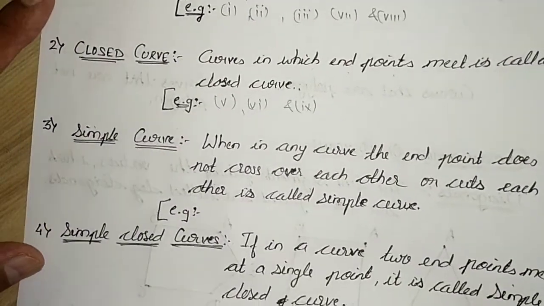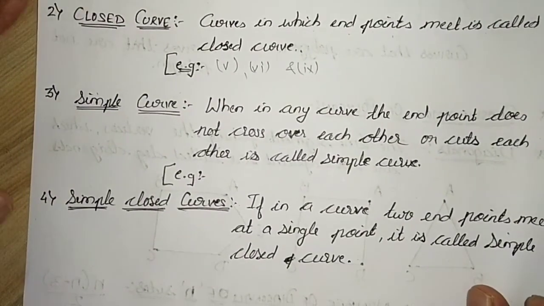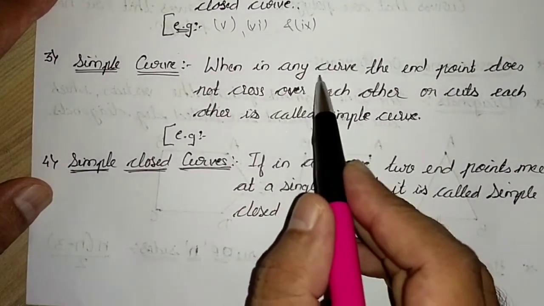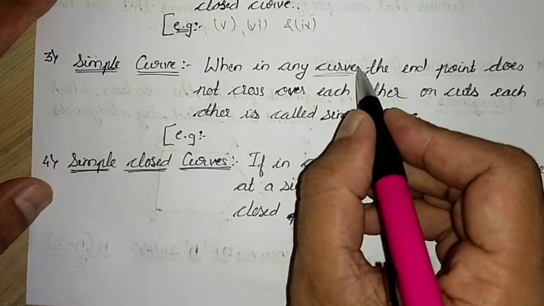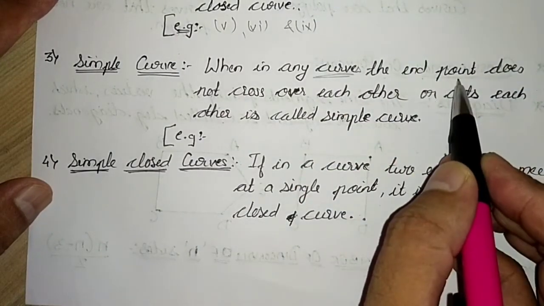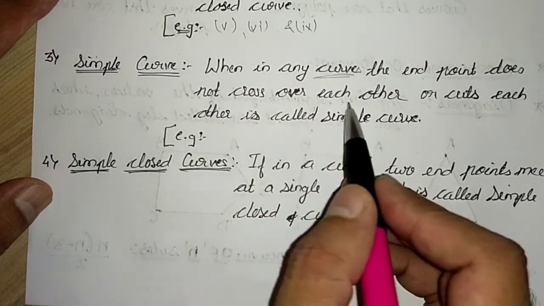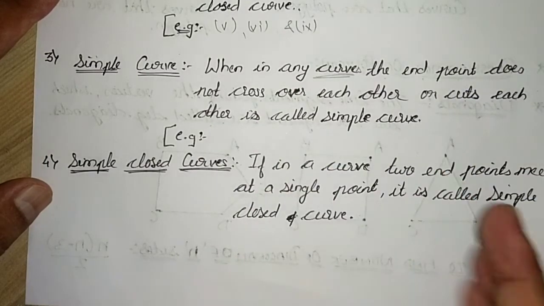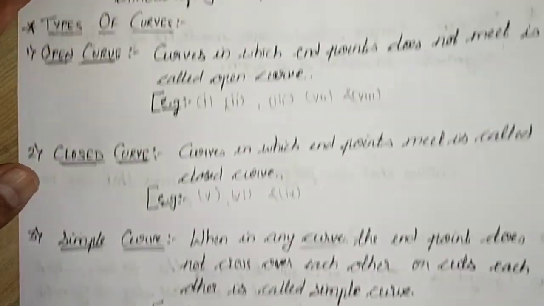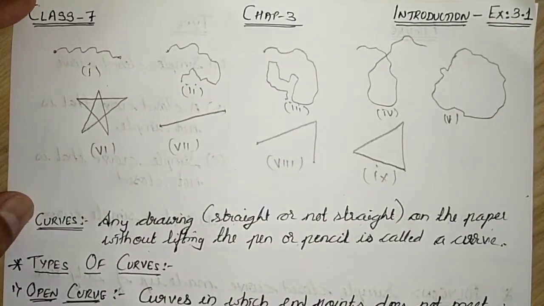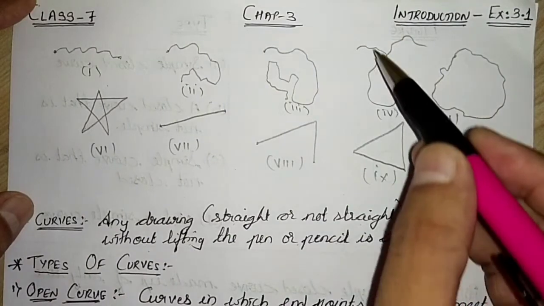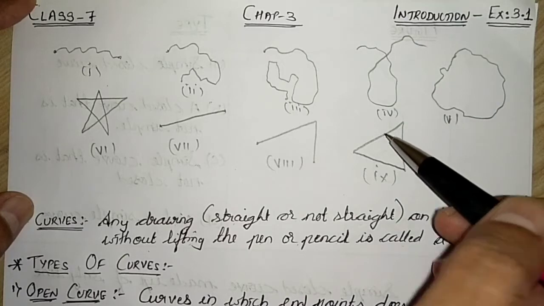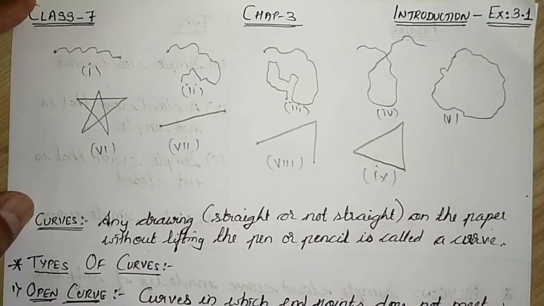Now the fourth type of curve is the simple curve. You have understood curves, right? When in any curve the endpoints do not cross over each other or cut each other, it is called a simple curve. Here it is cutting, see, or crossing over each other.